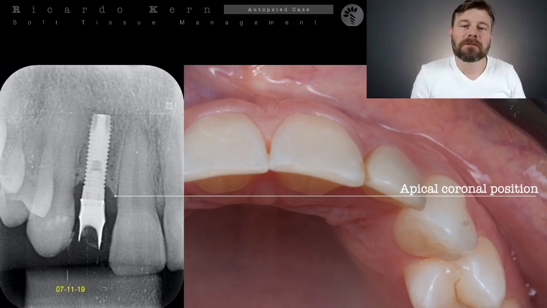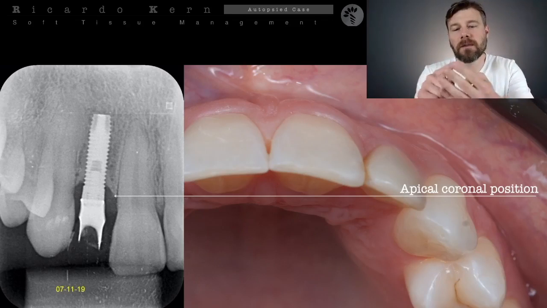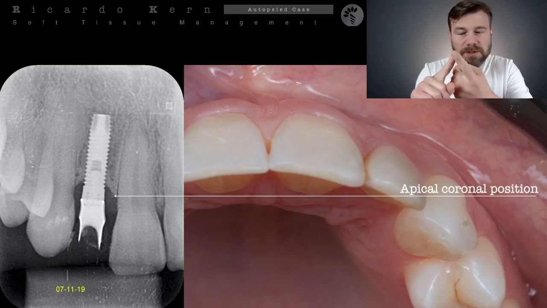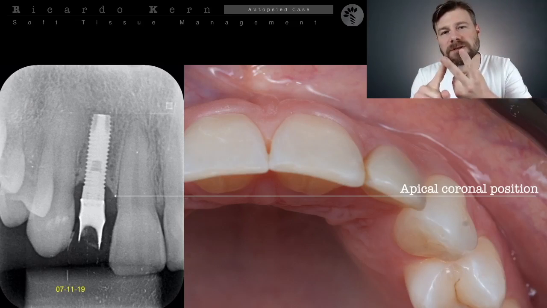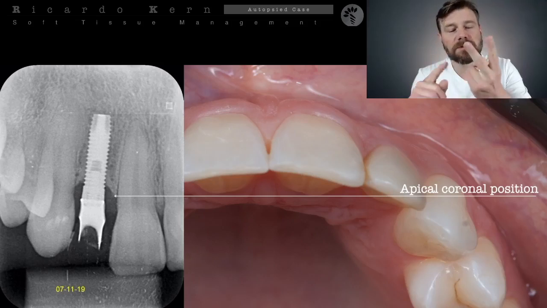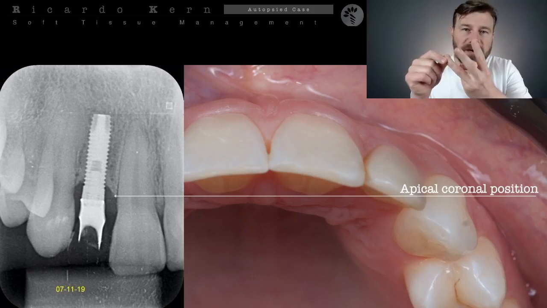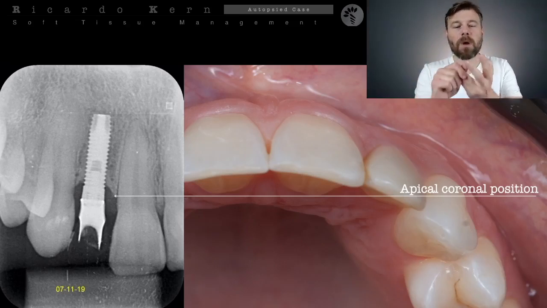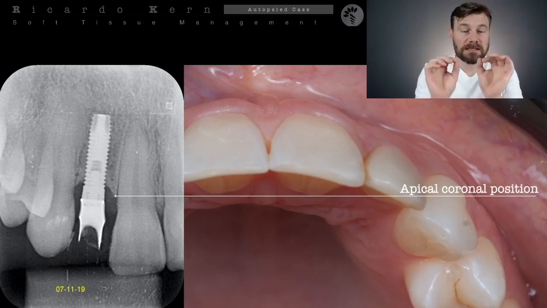But remember one thing, in cases that I have another problem, like just color change of the soft tissue or deficiency of the volume, but I still have good cervical position and good presence of the papilla. What happens in this case?